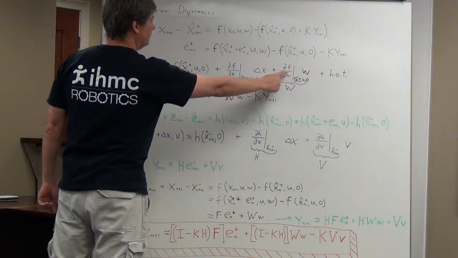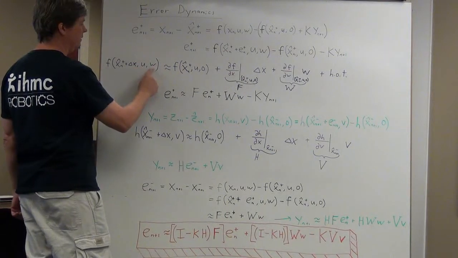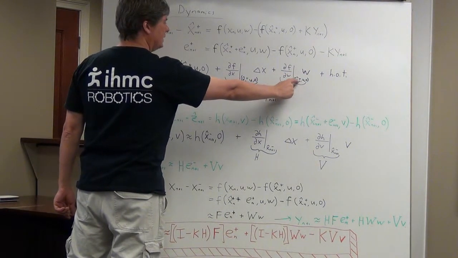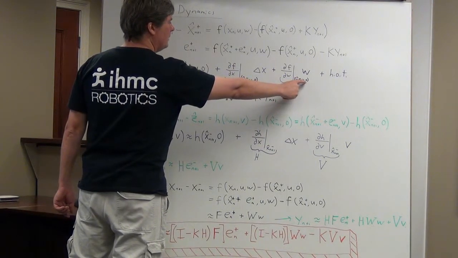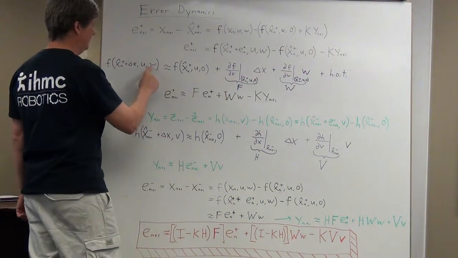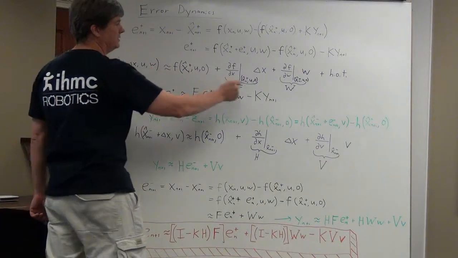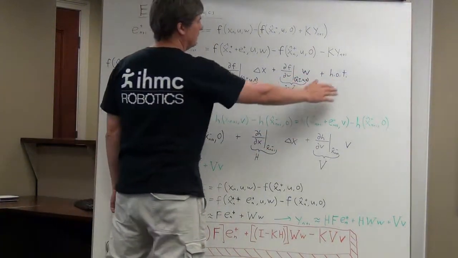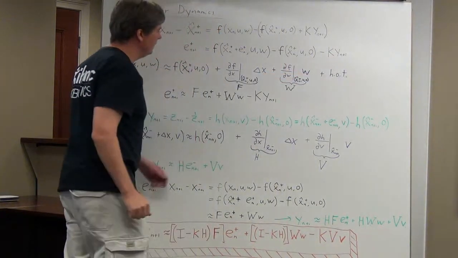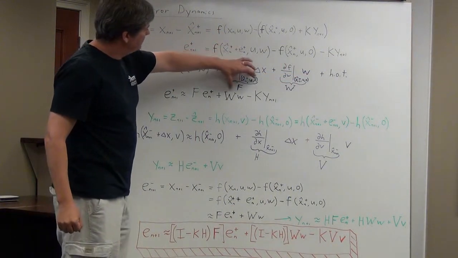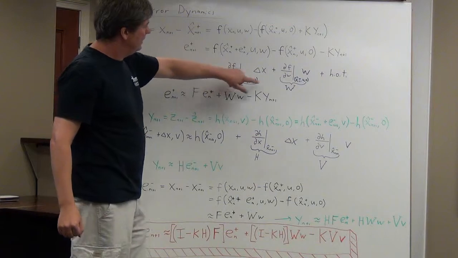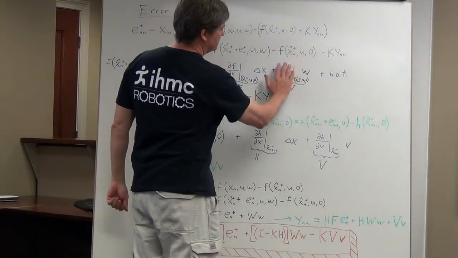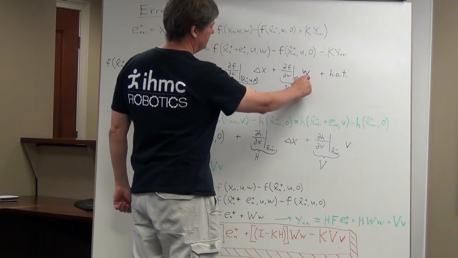Plus the derivative of f with respect to the third input, w, evaluated at the same point, x_n hat plus, u, 0, times the w, which is just expected to be small, plus some higher order terms, which we can ignore when we're linearizing. And let's just call this matrix F, and this matrix W.